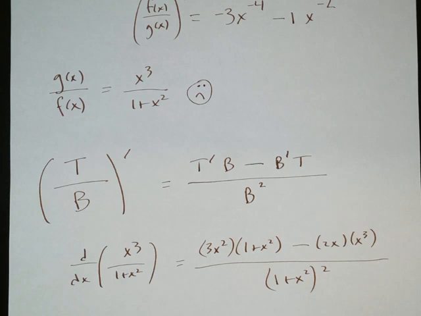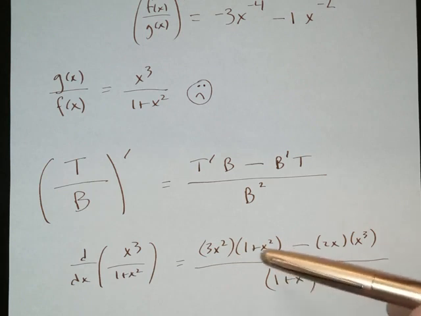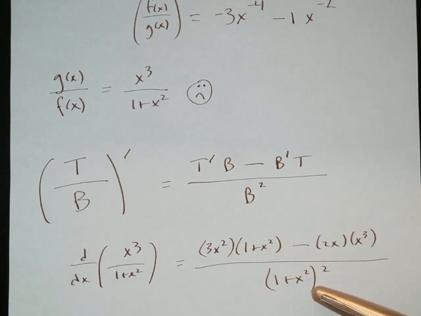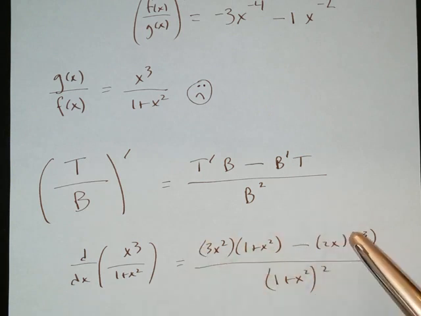Now, the most common mistake made is to attempt to cancel. There's a 1 plus x squared here. I should be able to cancel it. Can't cancel it unless it's in both pieces on the top, and it's only in one of them. So if you want to simplify this, you actually need to multiply out all the stuff on top first.